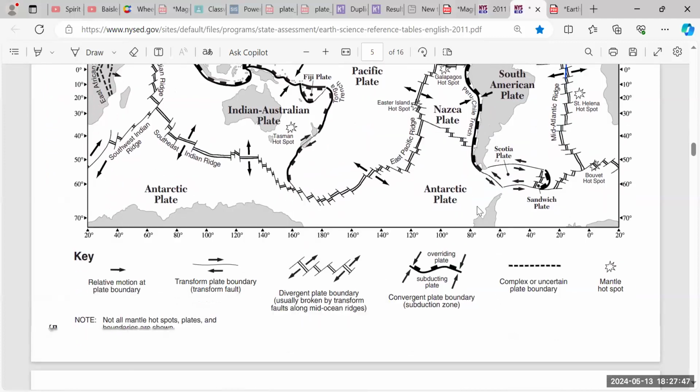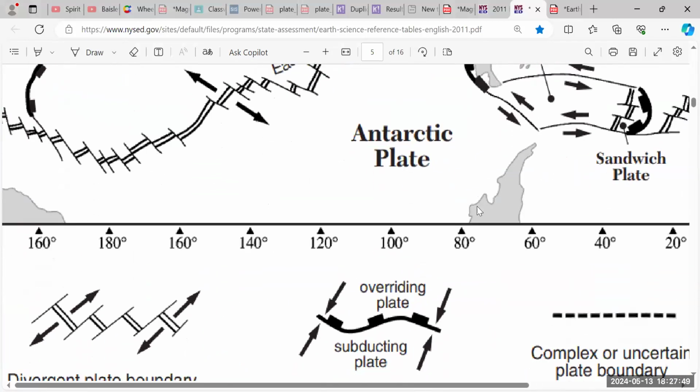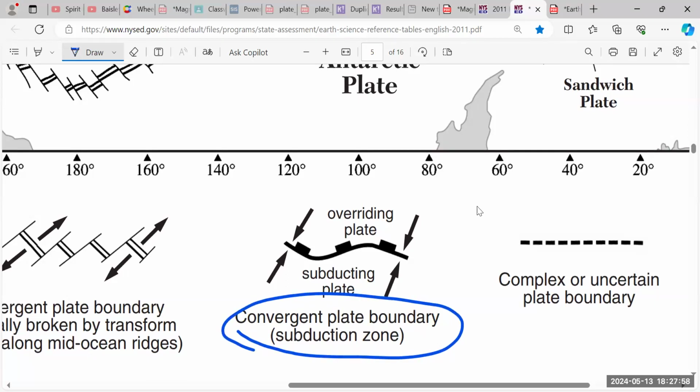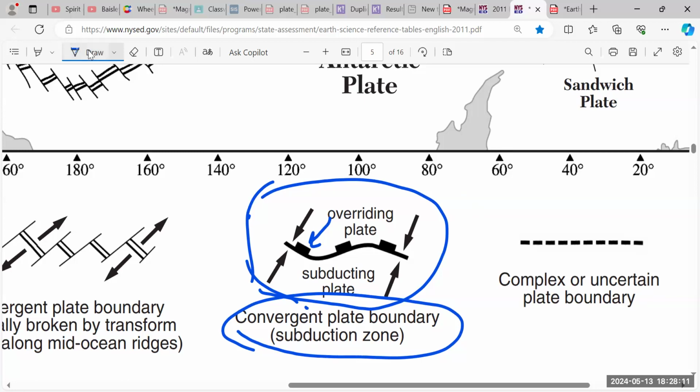If you look right here at the bottom, they tell you that in a convergent plate boundary, the overriding plate is the one that has the boxes facing it. The subducting plate is the one that does not have the boxes. So let's keep that in mind.